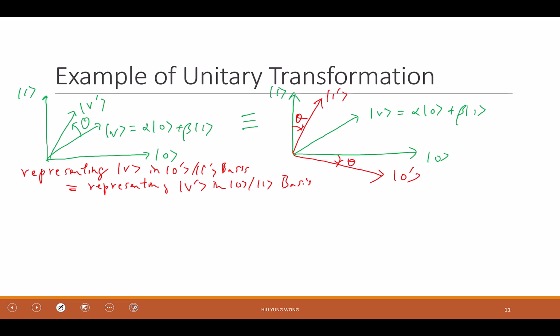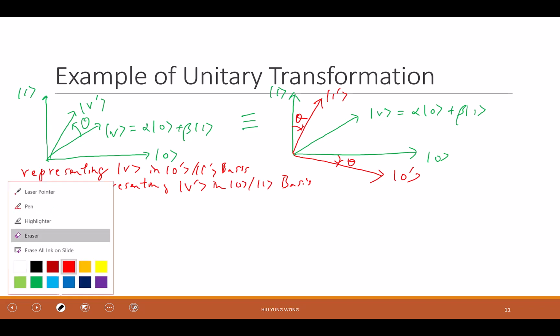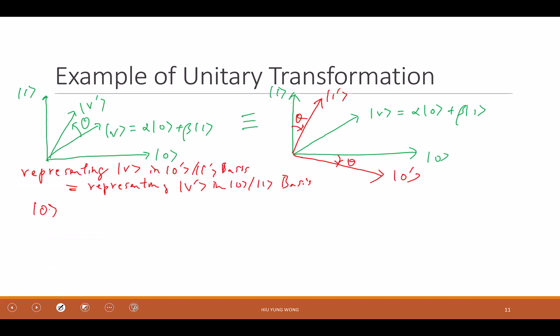So then we have, let me see if I have more slides, not this one. Then we have, what is 0, right? The 0 can be represented in the new coordinate system by cosine theta 0 dash plus sine theta 1 dash. Now this one you need to try yourself if you forgot, but it is not that difficult, right?